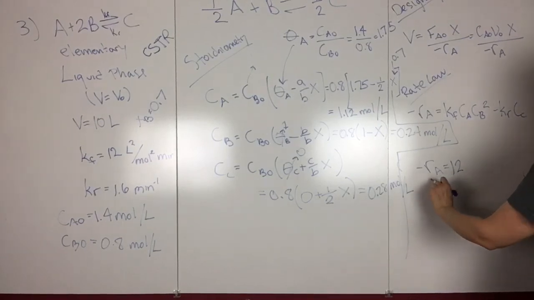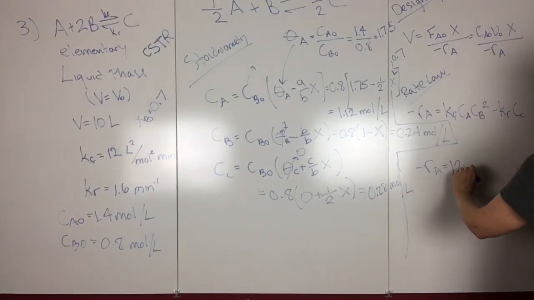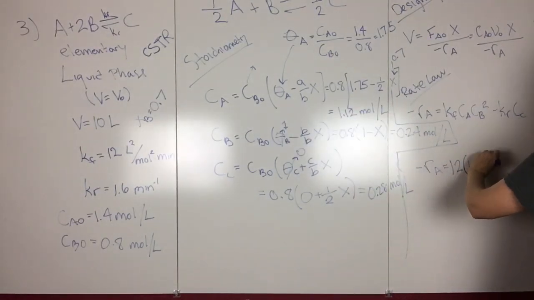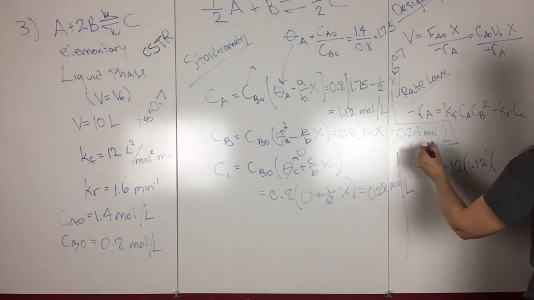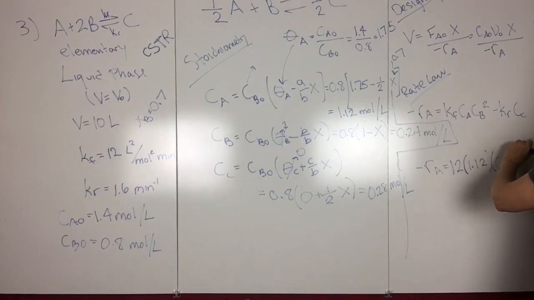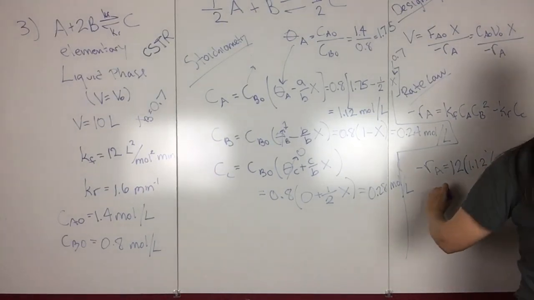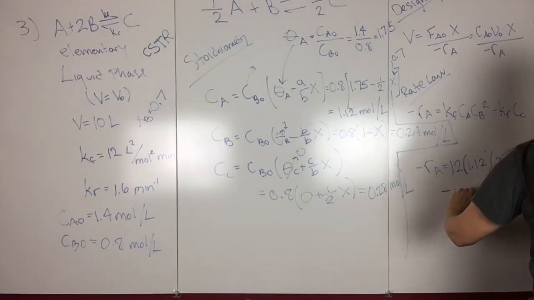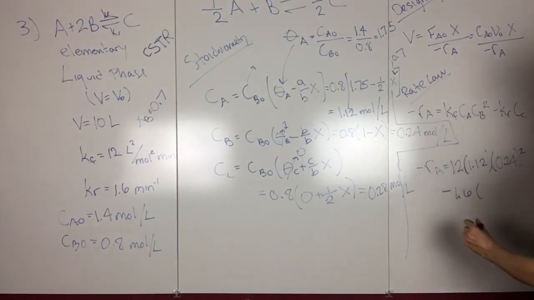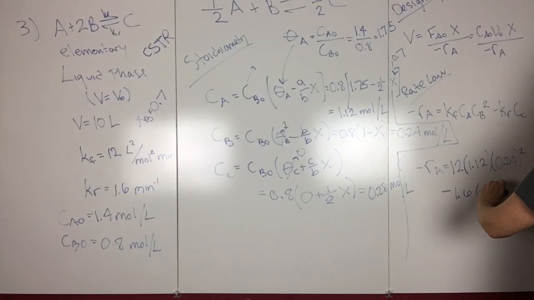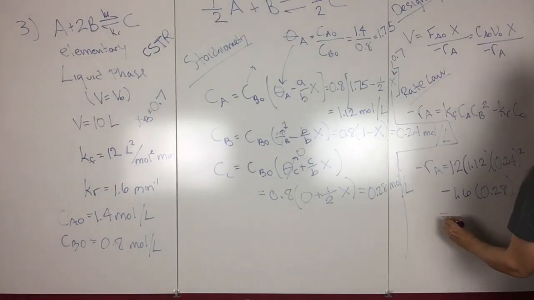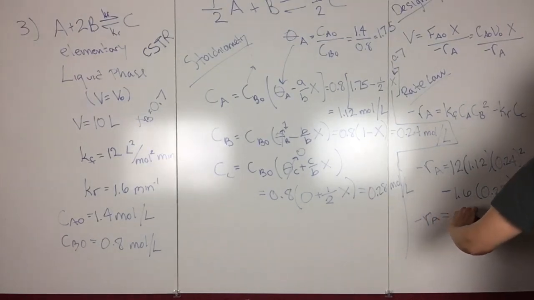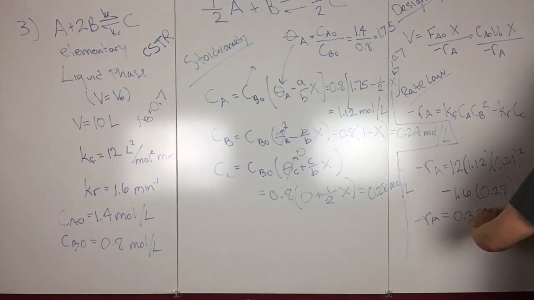So this is equal to 12, multiplied by Ca, which was 1.12, multiplied by Cb squared, which was 0.24 squared, minus K reverse, which was 1.6, multiplied by C of C, which was 0.28, and that equals, so minus Ra is equal to 0.326.